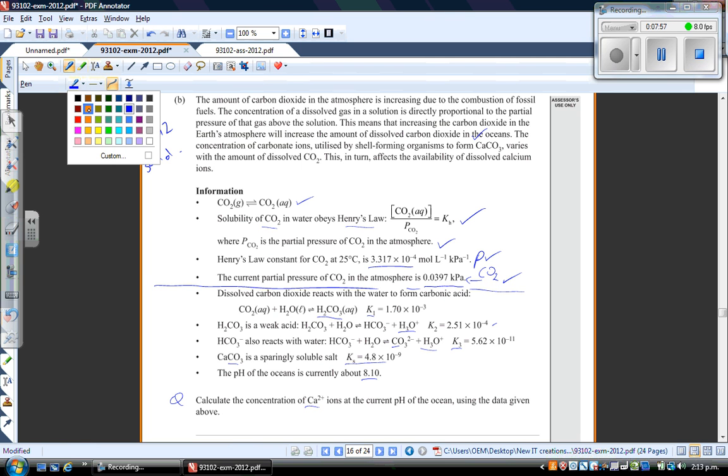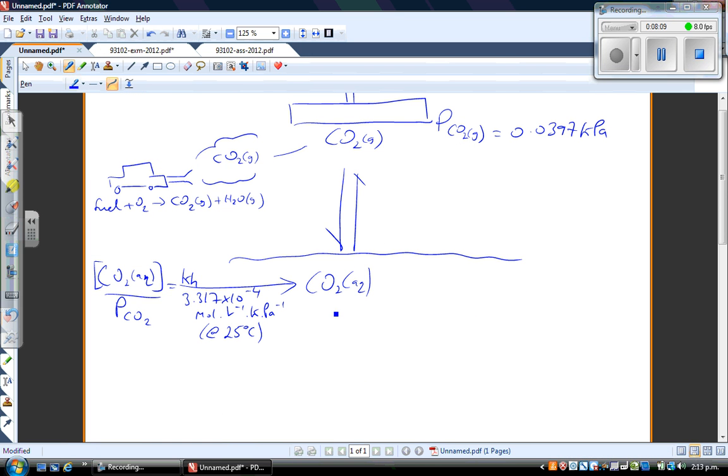When the carbon dioxide gets into the water, it reacts with the water to form carbonic acid. So we need to include this equation now in our scheme. The carbon dioxide reacts with water, liquid, and it's an equilibrium to form carbonic acid, H2CO3.